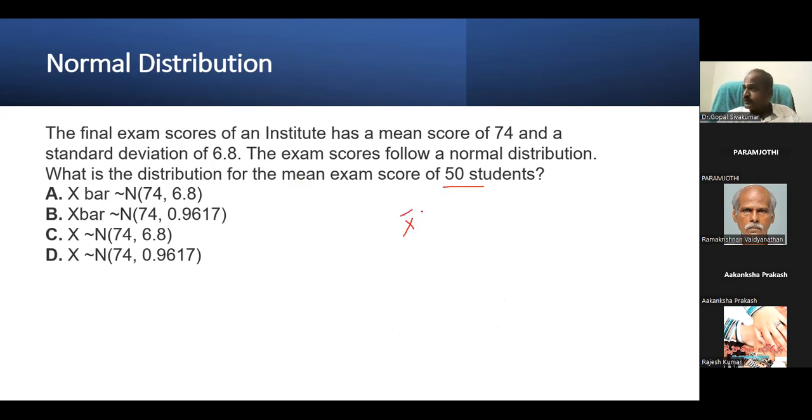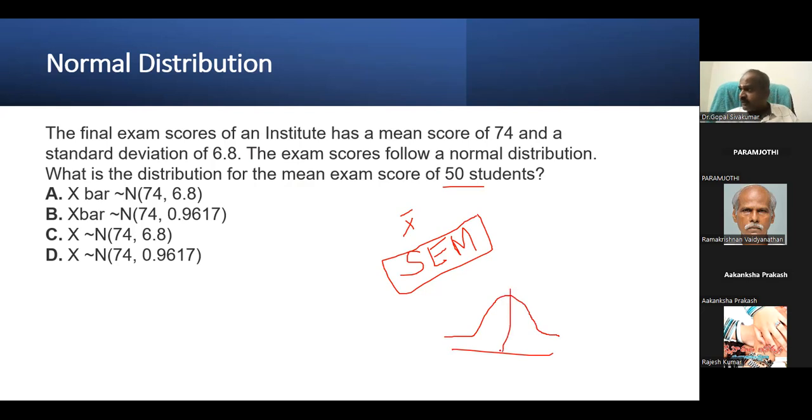And now the standard deviation of the distribution of the average is known as standard error of mean. Do you know what is standard error of mean? If I take continuous samples of 50 students, then I will have so many averages, right? X1 bar and then X2 bar.